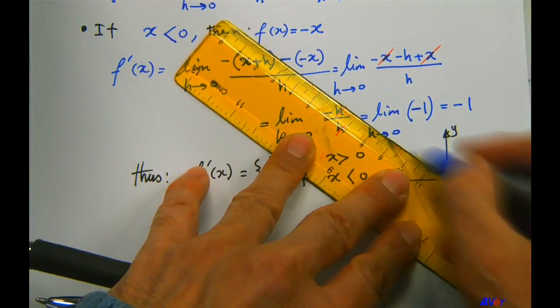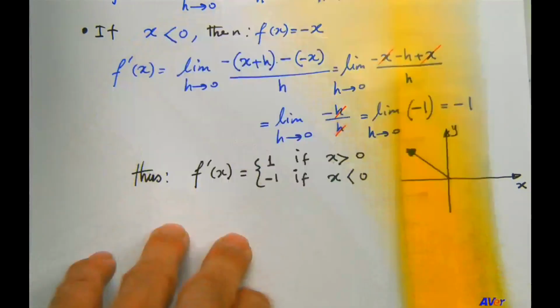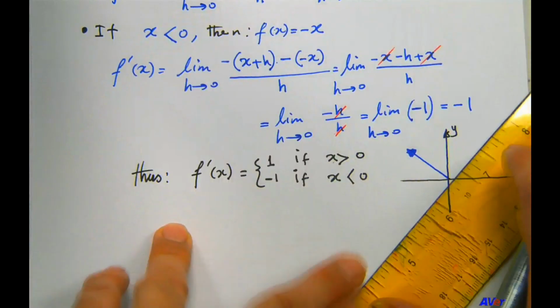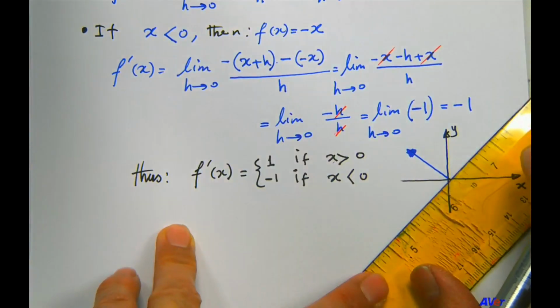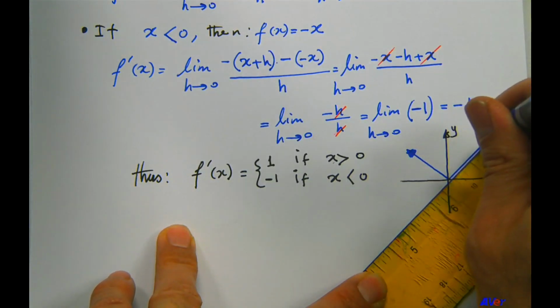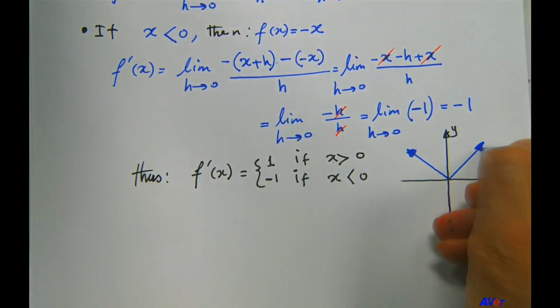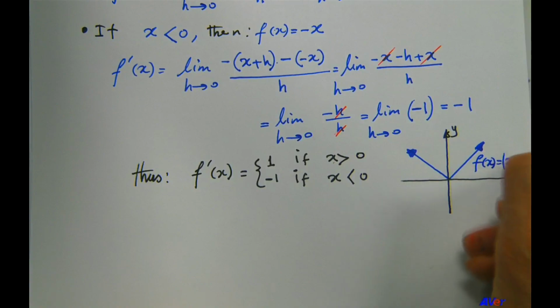So we have that, and then we have that, this side of it. Like that. And this is f of x equals absolute value of x.